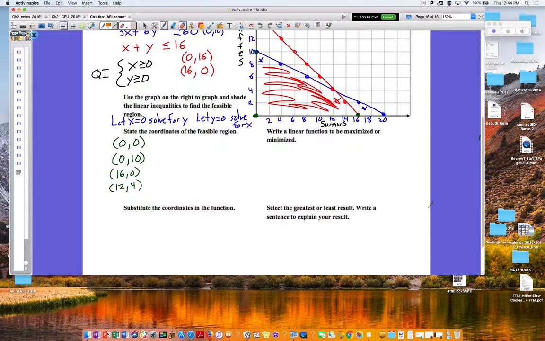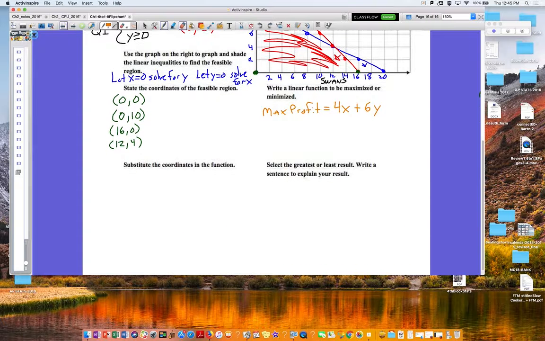So, down here I'm going to say max profit. I get $4 for every swan, 4x, and $6 for every giraffe, 6y. Now I need to plug in all of these points into the equation.